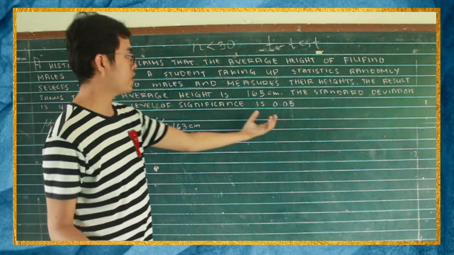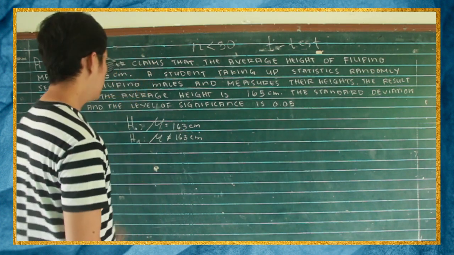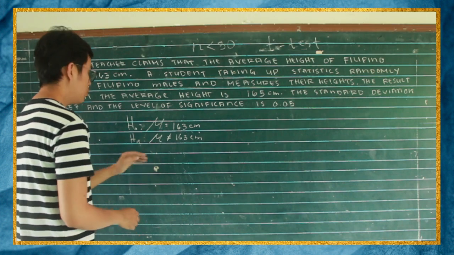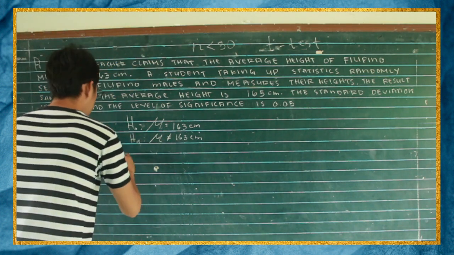Okay? Next, we already constructed the null and the alternative hypothesis. Again, the level of significance is 0.05. But we will now proceed to the computed value. For the computed value, instead of z-test, we have to use the t-test.